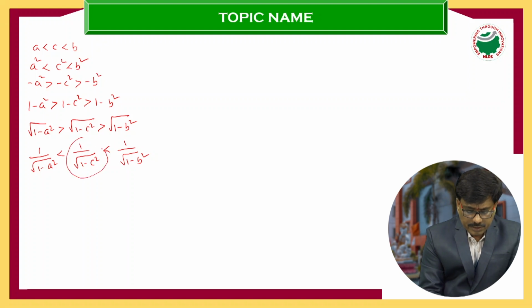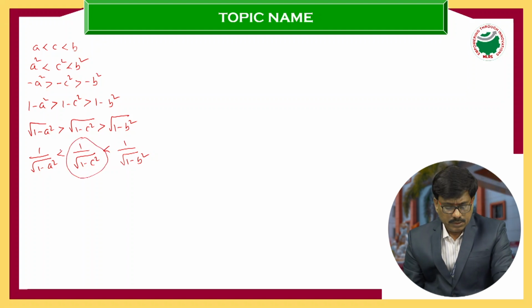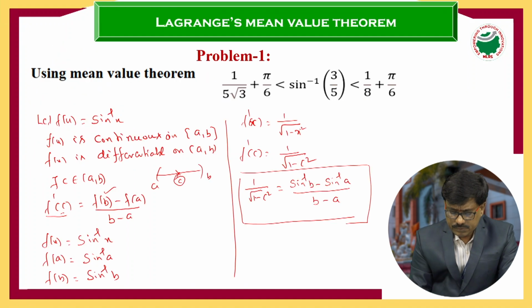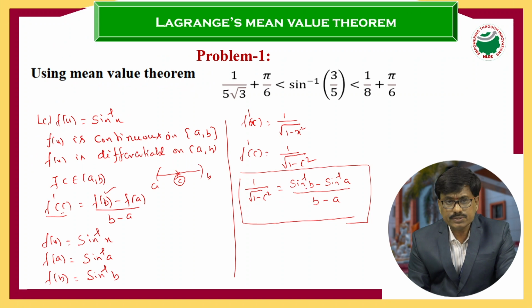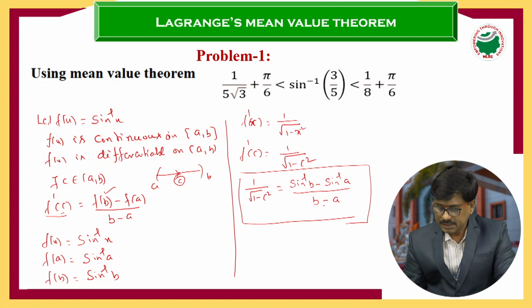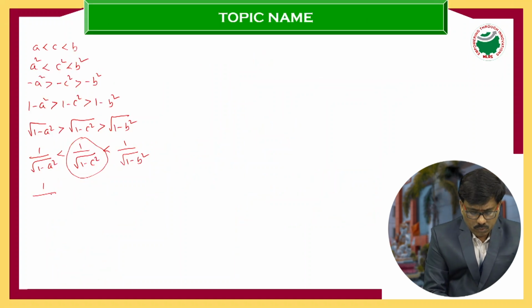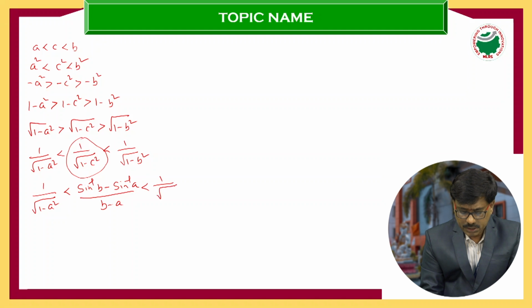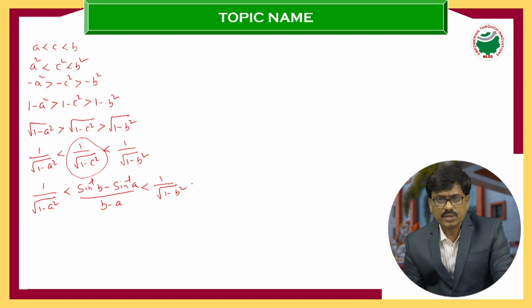Already we know the value of 1 by root of 1 minus C square. Look at the previous value: it is sine inverse B minus sine inverse A divided by B minus A. Now I am going to substitute it: 1 by under root of 1 minus A square less than sine inverse of B minus sine inverse of A, whole divided by B minus A, less than 1 by under root of 1 minus B square.